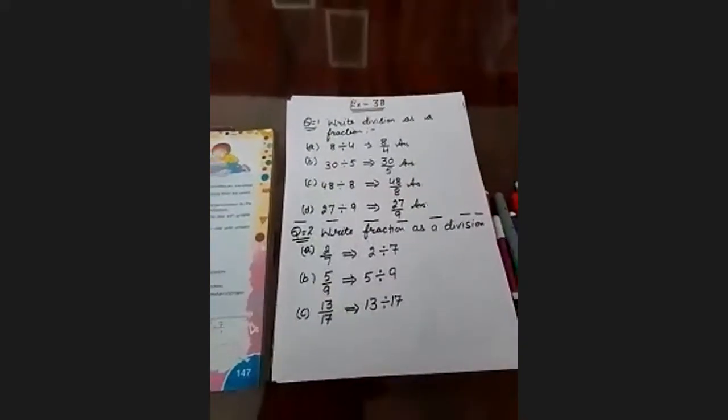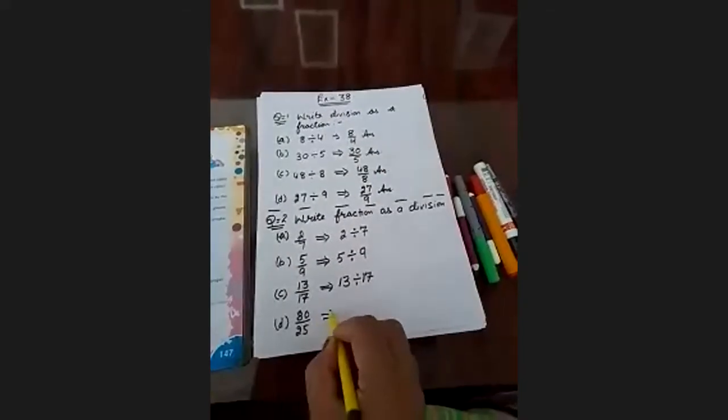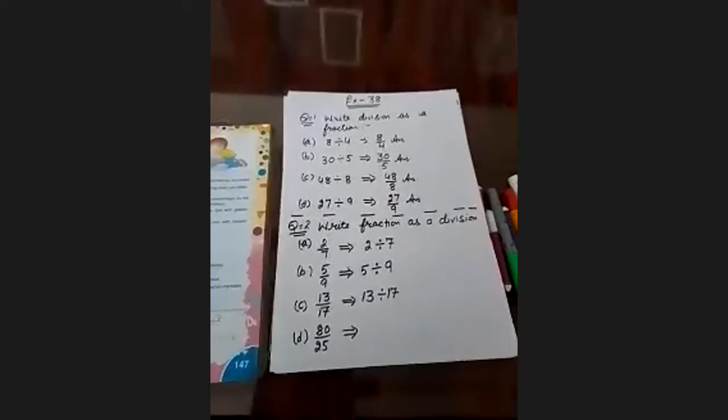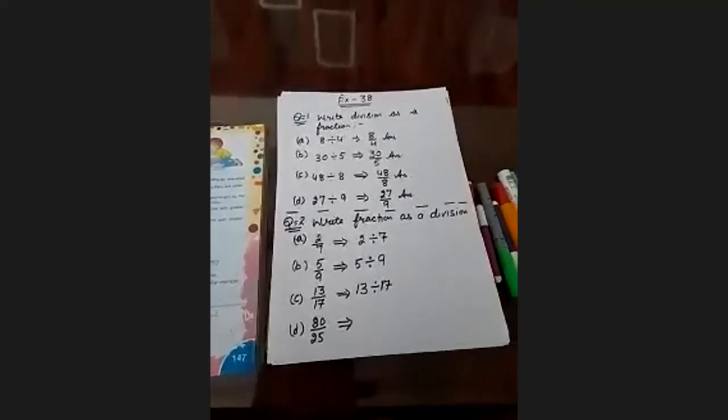Next is D part. 80 upon 25. 80 divided by 25.